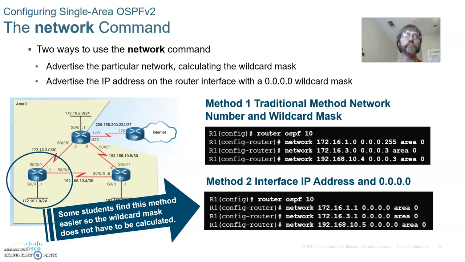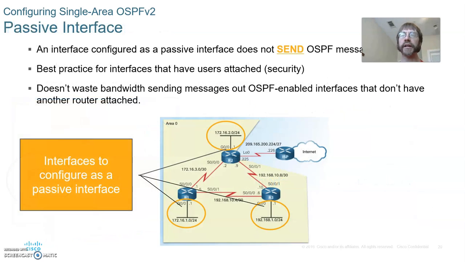Now, let's talk about passive interfaces for just a minute. So once you've set up all these networks in the routing domain, what if you don't want to advertise them all? Say, for example, these access layer networks.